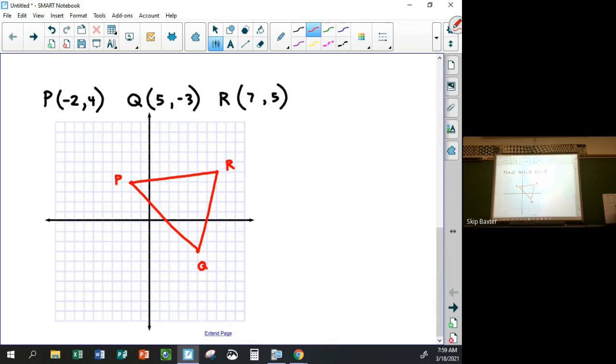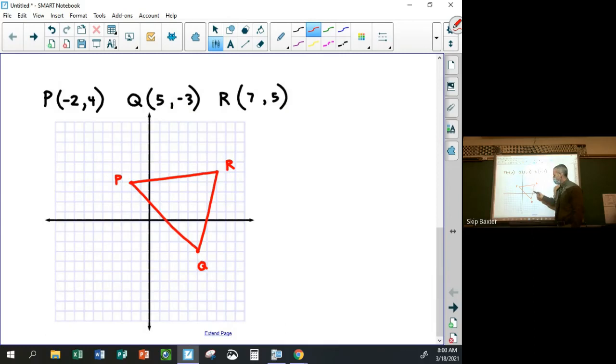Now, there's options. One thing you could do is use the distance formula, which sounds like an awful idea, but you could do it. You could calculate the length of PR, for example, and then figure out perpendicularly what the distance is from Q to that line.